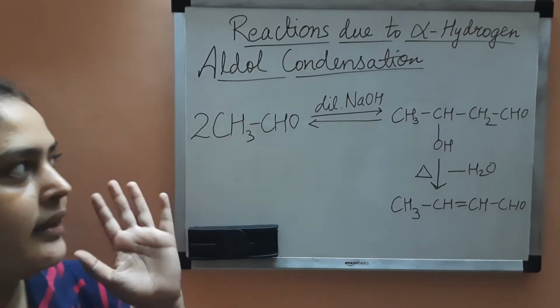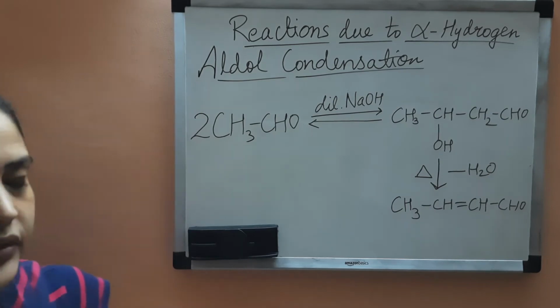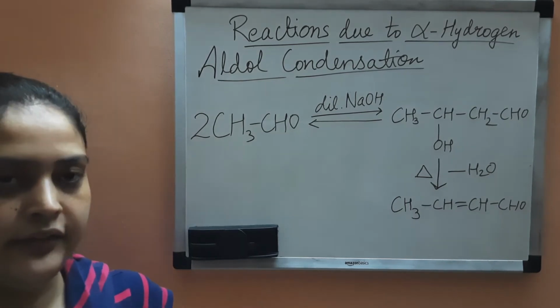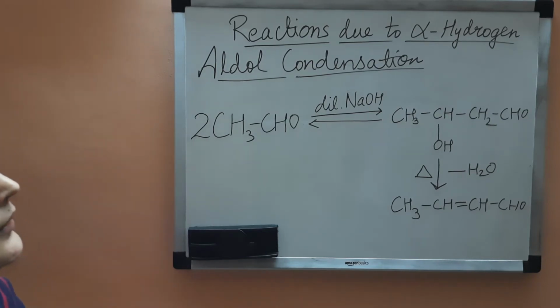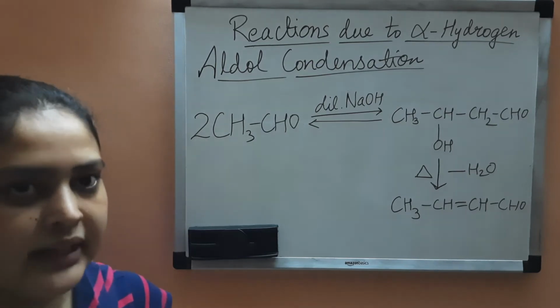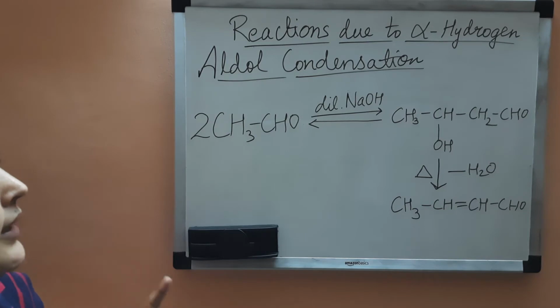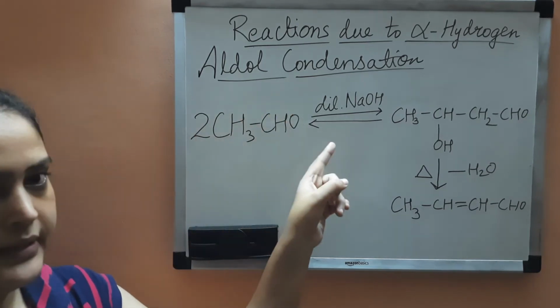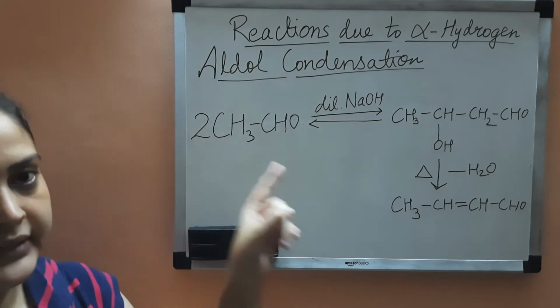So this is your aldol condensation reaction, in which we take an aldehyde or ketone having an alpha hydrogen atom. There should be at least one alpha hydrogen atom in the aldehyde or ketone, and then you add dilute base as a catalyst.